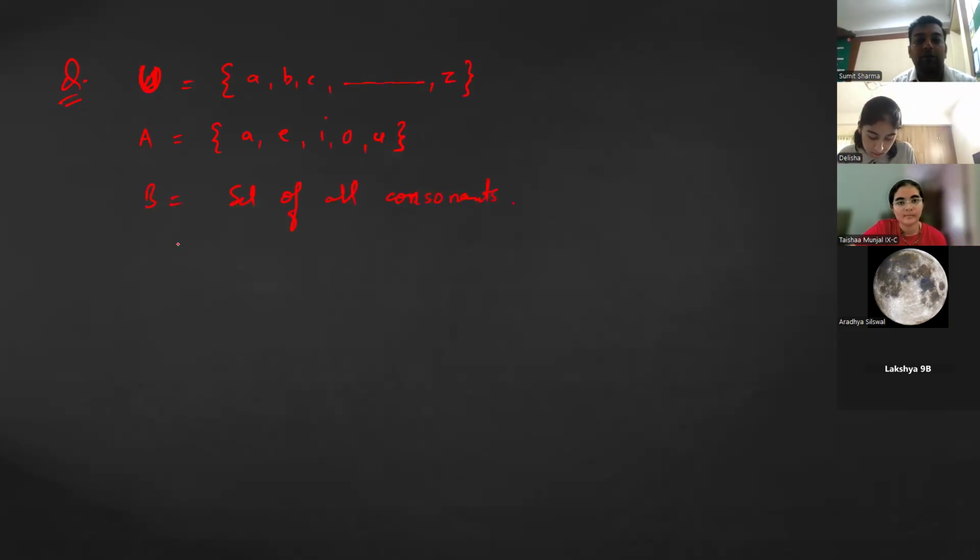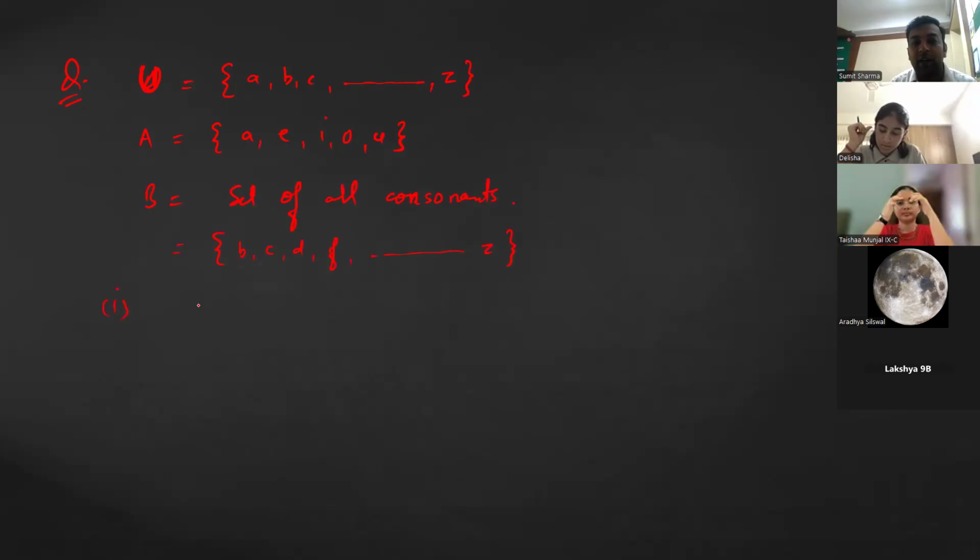The set of all consonants will contain B, C, D, F, and so on up to Z. So these will be missing from the set of all consonants: A, E, I, O, U. Rest will be there.